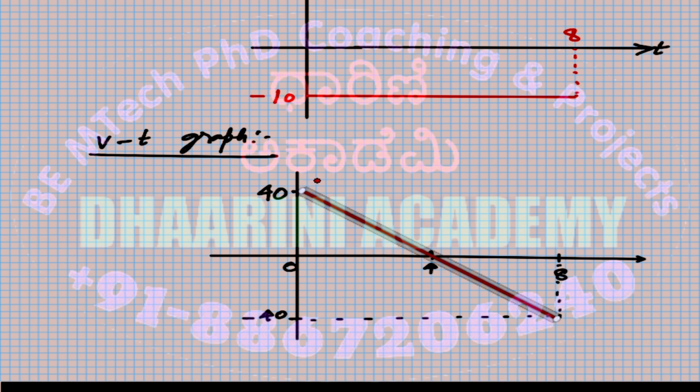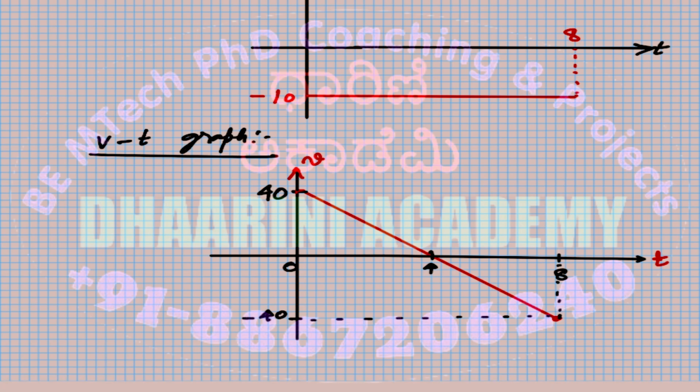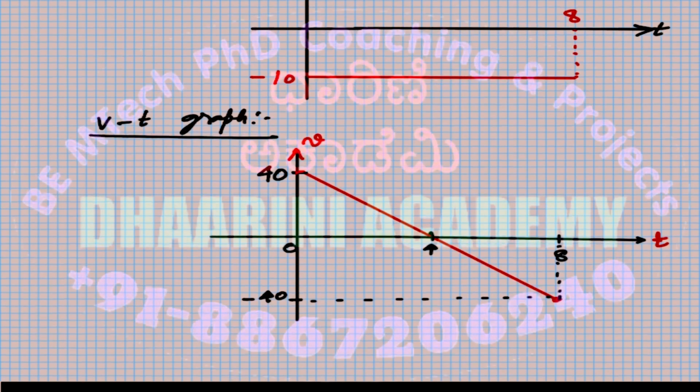Like this. So you see it starts at +40 and reaches -40 at time t equal to 8 seconds. This is the time axis and this is the velocity. So you are clearly showing that it started with an initial velocity of +40, travels 4 seconds, velocity becomes equal to 0, travels 4 more seconds, so total time duration is 8 seconds, and the velocity becomes -40. This is the VT graph.